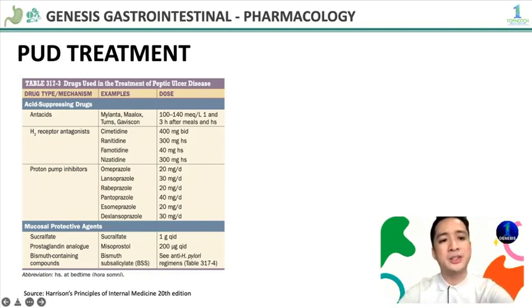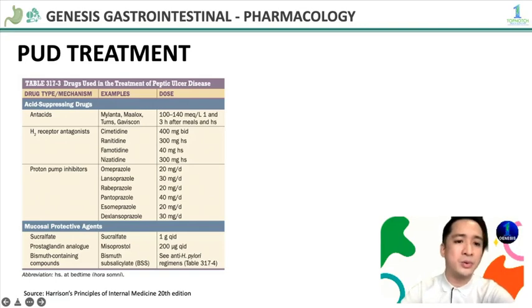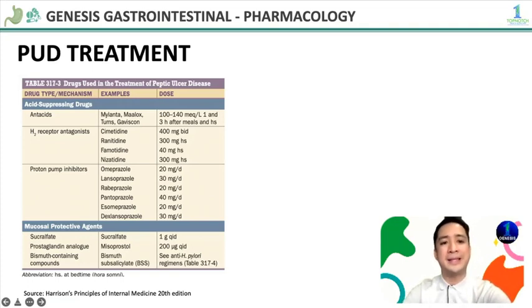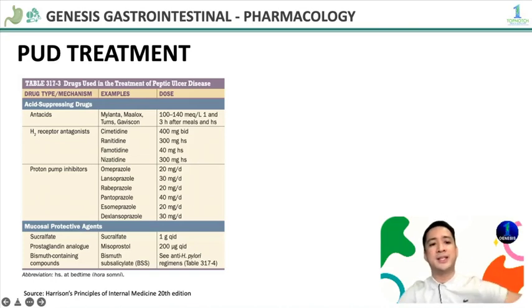Same with your H2 receptor antagonists binding to the H2 receptor, the mnemonic here is the DINE medications: cimetidine, a cytochrome P450 inhibitor that is notorious in causing gynecomastia because it is also an androgen antagonist. As well as ranitidine, famotidine, and nizatidine.